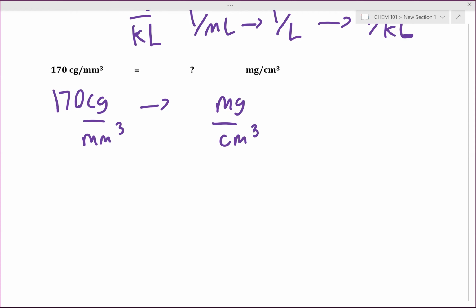Yeah, and instead of that, remember to write the conversion factor and then cube it. So do the same stepwise process, except cube your conversion factors each time. Yep. Any questions? Okay.